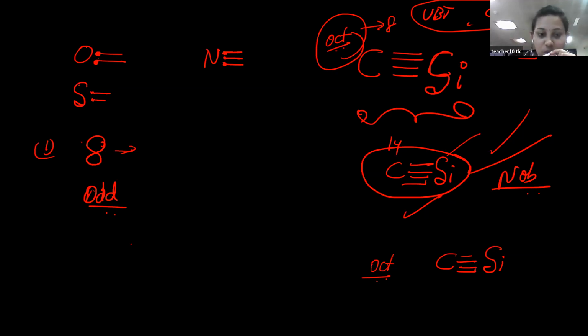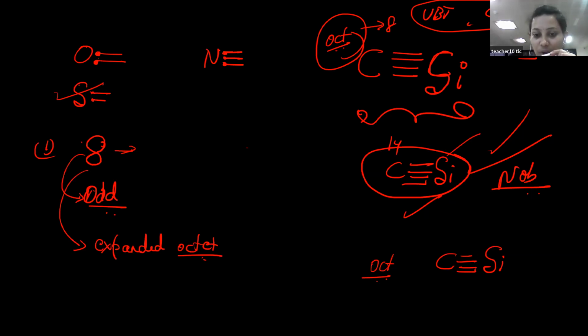Then there are some species where you can observe an expanded octet. This is also possible, and usually it is observed in sulfur compounds. So exceptional cases are there. How it gets expanded, we will study in first PUC.